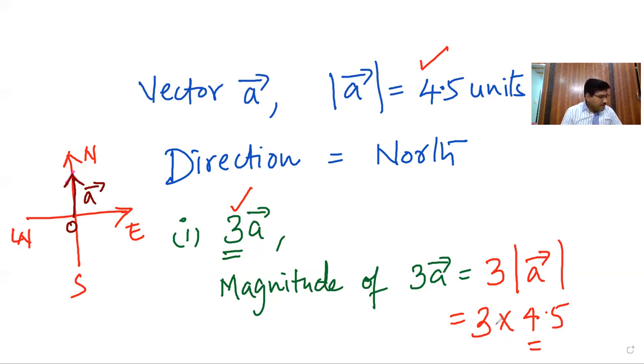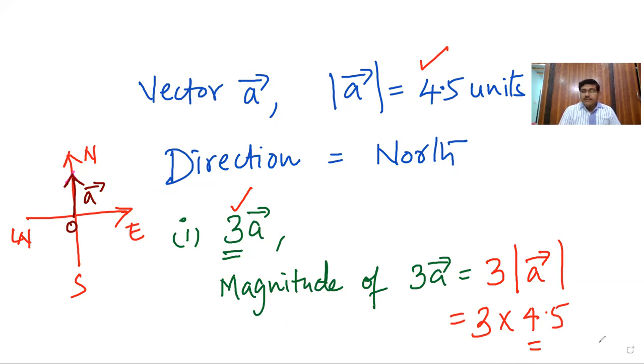Okay, have the clarity in that direction. So magnitude is always given by the number multiplied with the magnitude. How much it is? 3 into 4.5.